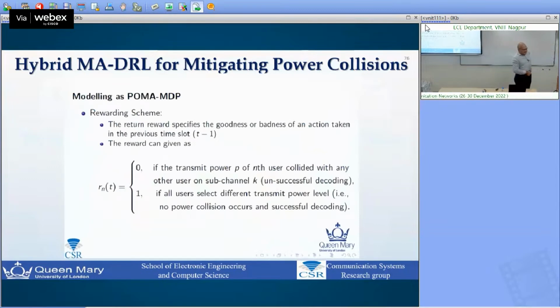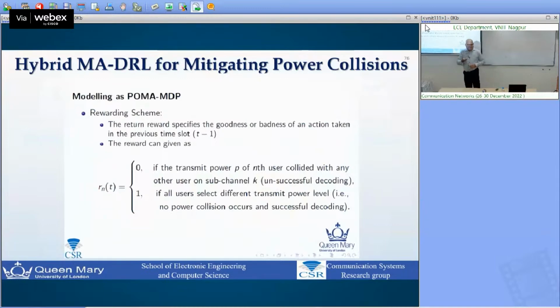Now we are going to see the reward. We know what the state is and what the action is. Now what is the reward? The reward is 1 or 0 for the agent. When it selects a particular power pool and power level, if no power collision occurs and decoding is successful, then the reward will be given.